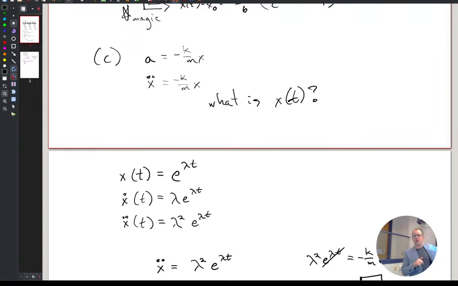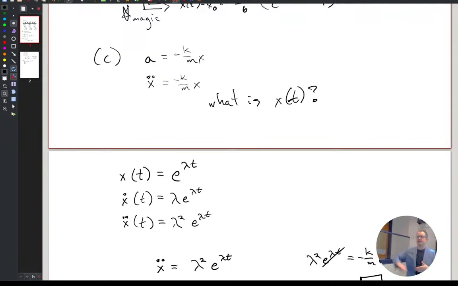there are more rigorous ways to prove what function you need to solve a differential equation, like infinite power series and stuff like that. But for the most part, if it's linear things like this, it's always going to be some kind of e to the something t. Sometimes it's imaginary, sometimes it's real.